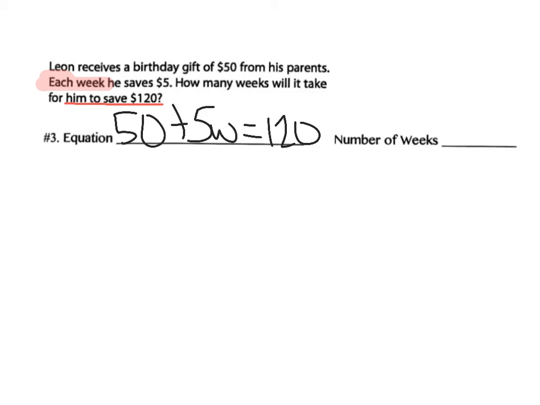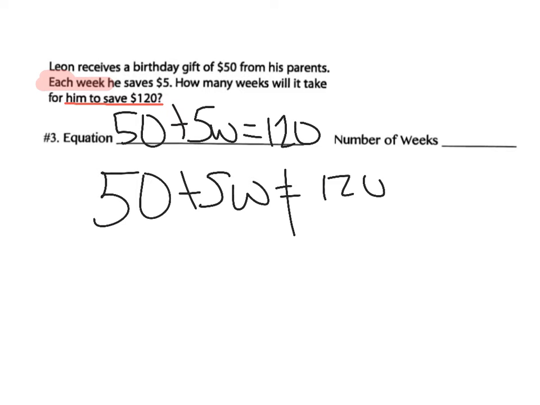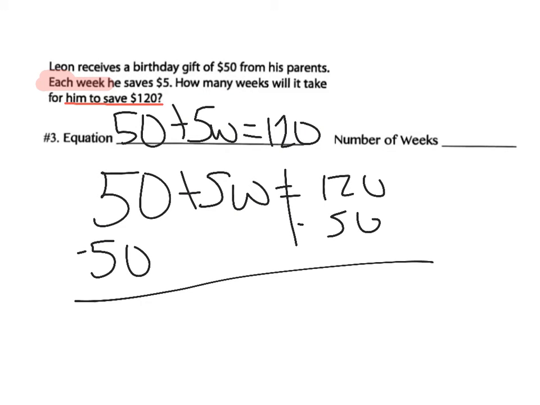So now we're going to have to work it out. So you have to subtract 50 from 120, and we will have to borrow, which makes that a 12, and that will be a 70.